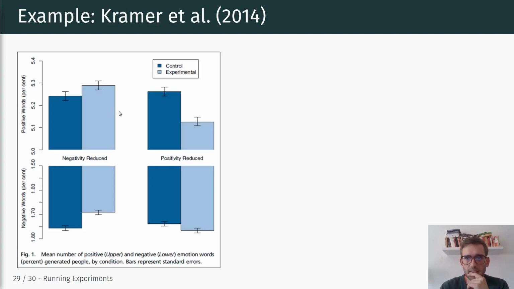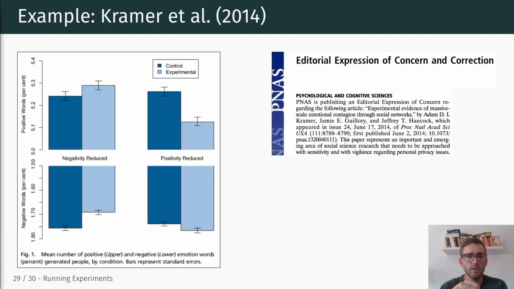But the bigger problem with this study was that people were quite upset about this experimental manipulation, because ultimately, people didn't consent to being part of these studies, and ultimately it's playing with people's emotions to some extent.